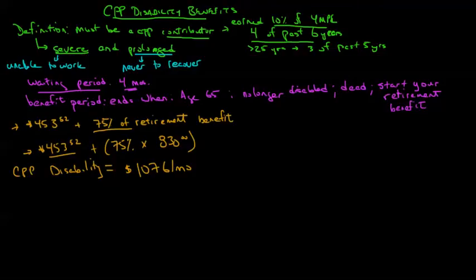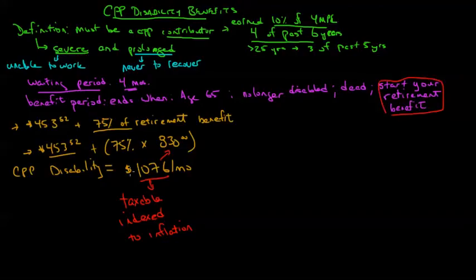And like we've mentioned before, that amount will be taxable and it will be indexed to inflation. So it will grow every year to match with the consumer price index. And as you can see, it's a larger benefit than what the retirement benefit alone would be, which is why it wouldn't make sense to start your retirement benefit early. That would be a really weird decision.